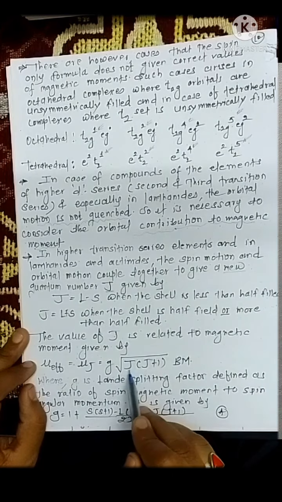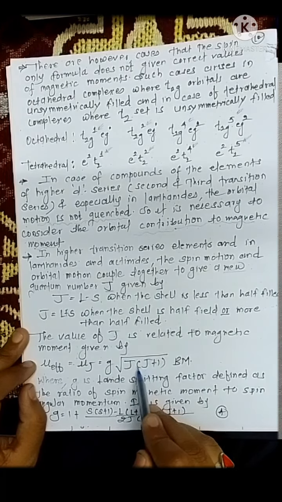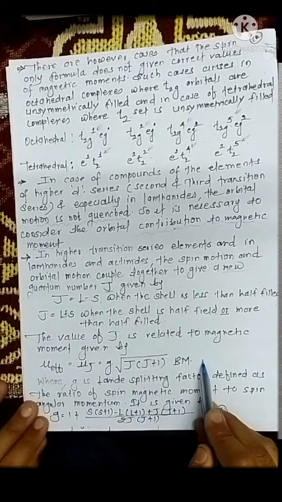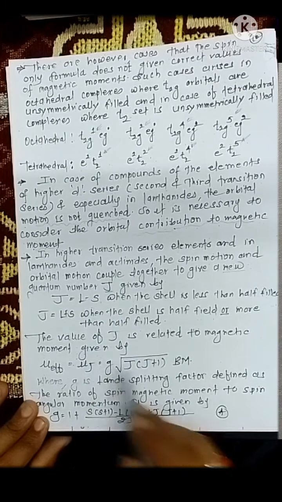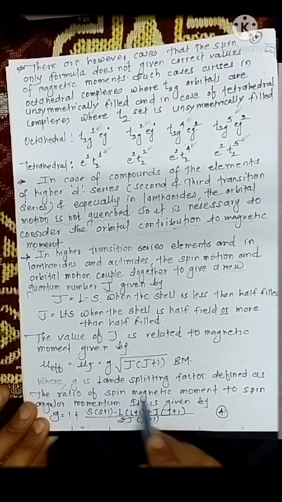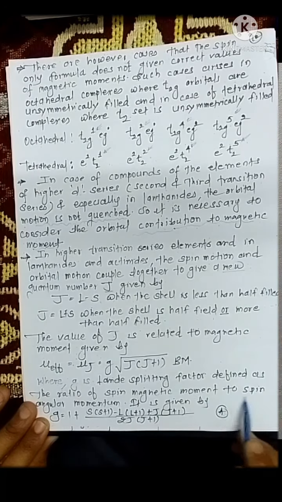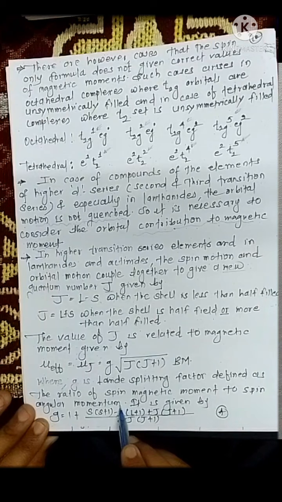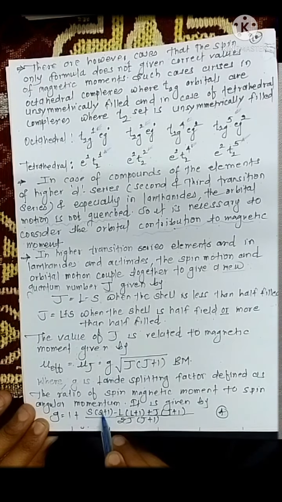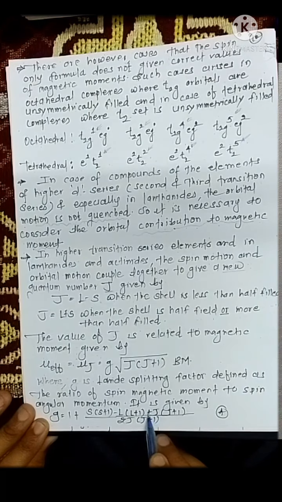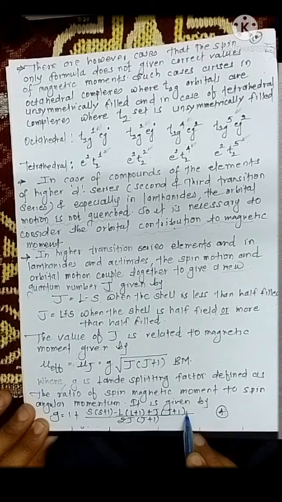The value of J is related to the magnetic moment given by mu effective, that is mu J is equal to g root of J(J plus 1) Bohr magneton, where g is the Landé splitting constant, defined as the ratio of spin magnetic moment to the spin angular momentum. It is given by g equals 1 plus [S(S plus 1) minus L(L plus 1) plus J(J plus 1)] divided by 2J(J plus 1).